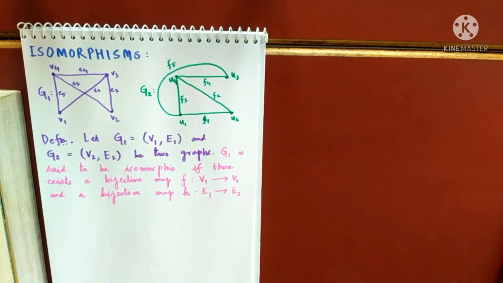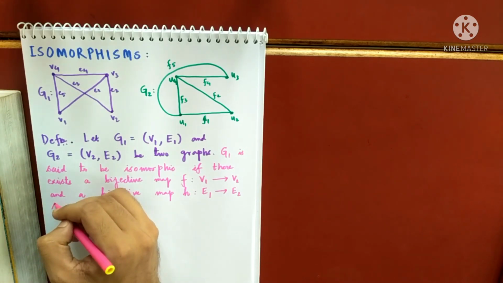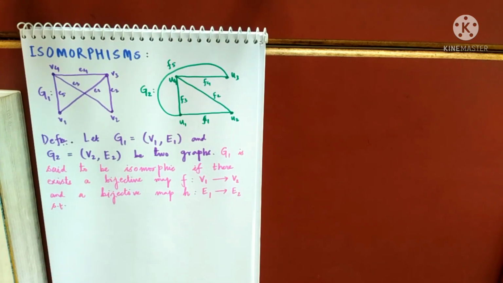Not only that, one more extra condition is required. Even if two graphs have the same number of vertices and the same number of edges, they may not be isomorphic to each other. We'll see that example later on. So one more condition is given, which is a very strong condition. You have to understand this point very carefully.